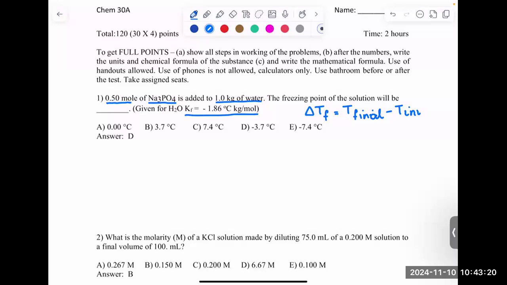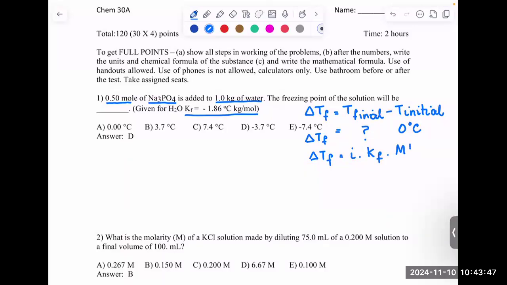Okay, so there are certain things that you need to know because we're looking at the freezing point. So we are going to have the freezing point of water equal to 0 degrees Celsius. We need to find this, and then the change is based on the formula: delta Tf is equal to i times Kf times m.